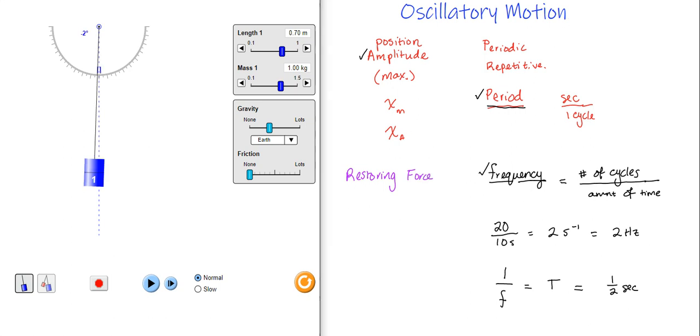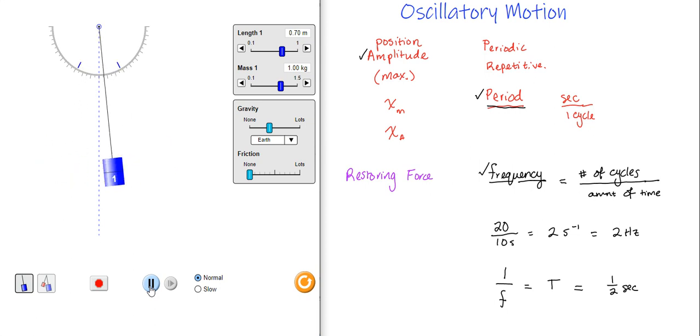Now, if I pull this pendulum bob up this way, and then I hit the play button here, I see that when it reaches its maximum amplitude, it's returning back to the place that it was before. As we look at this, we can see that the restoring force must be pulling it back, and so it's changing direction.